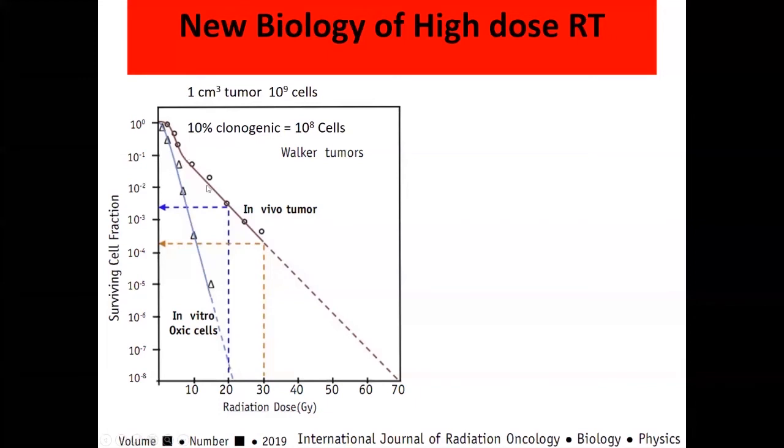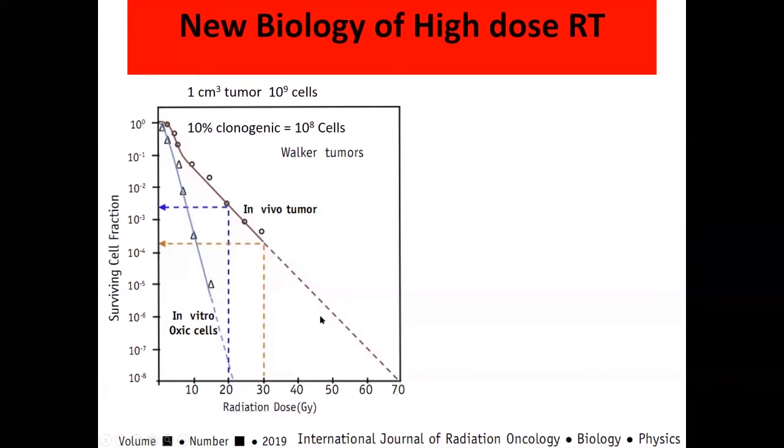So this is the cell survival curve generated in the laboratory. Now you see, to get the 8 log reduction, you need 70 gray, even if you are delivering a single fraction, based on this cell survival curve generated in the laboratory.